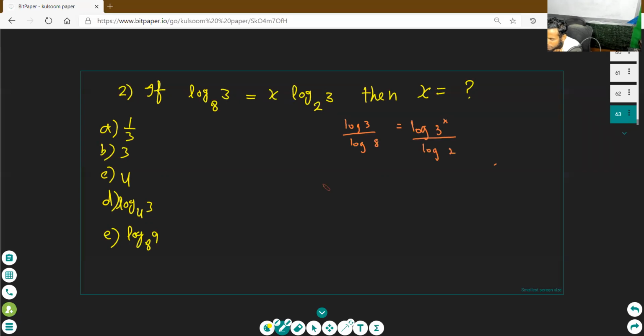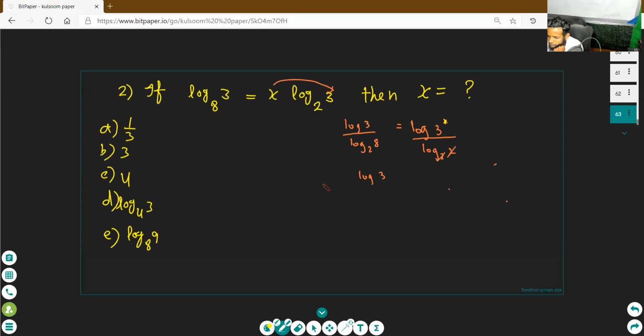No, you cannot write the power like that. We can make the power: 3 raised power x, bring it here. Do it. This one will be 2.